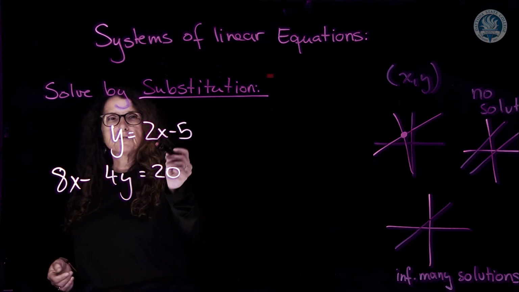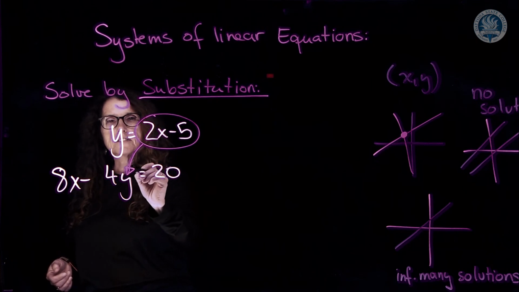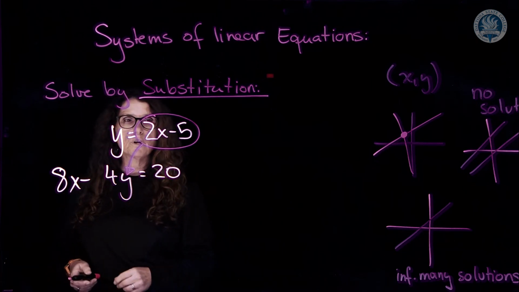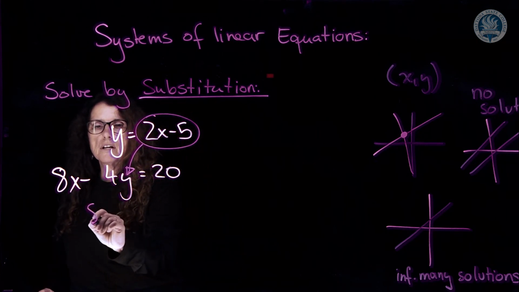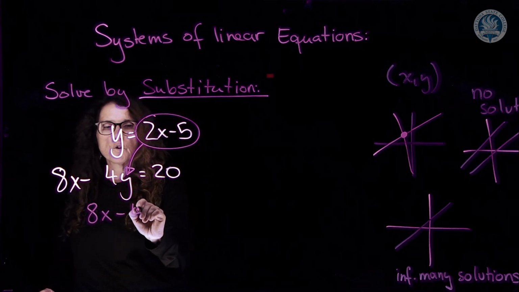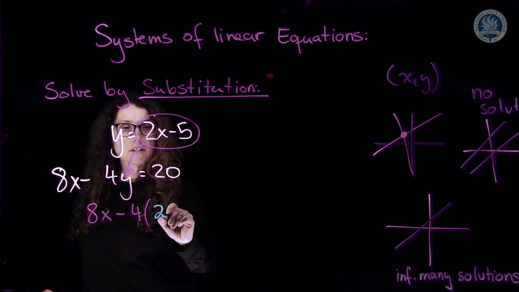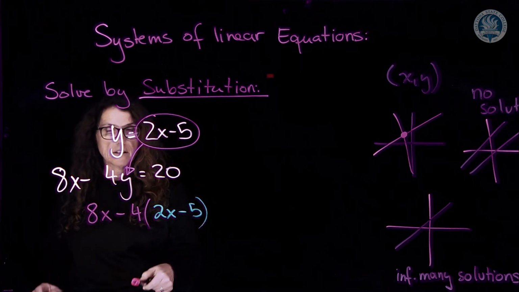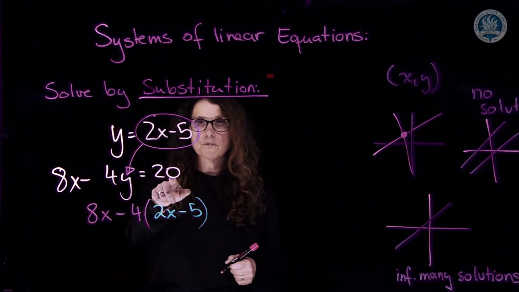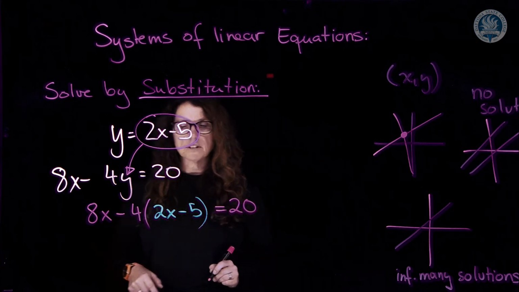We're replacing the y in the second equation with 2x minus 5. So 8x minus 4 times y, where y is, in this case, 2x minus 5. We're substituting the y, and then we continue on with the second equation, and this is equal to 20.